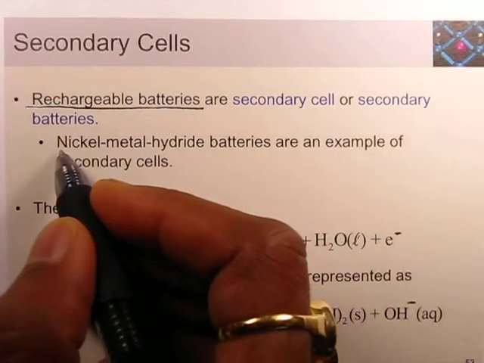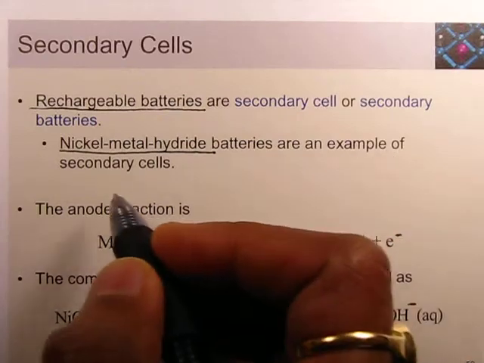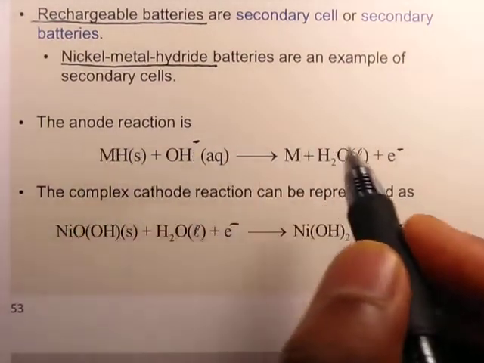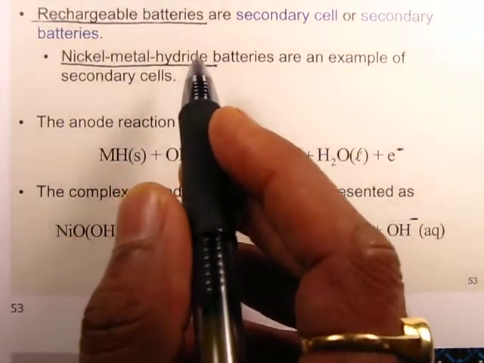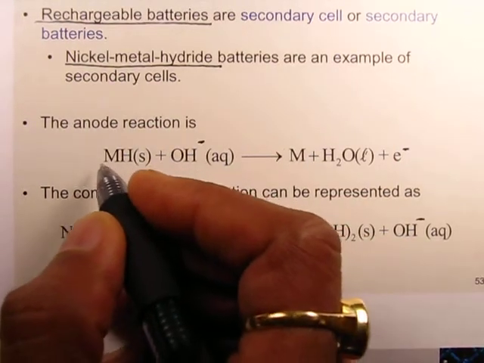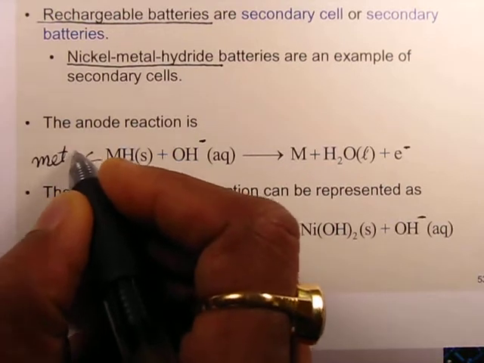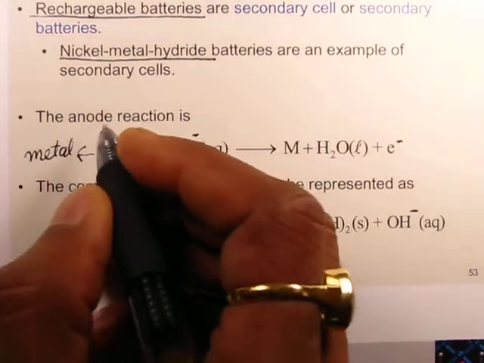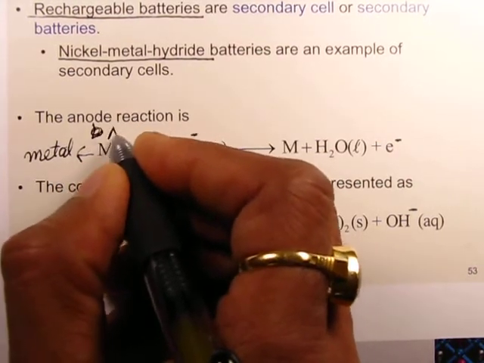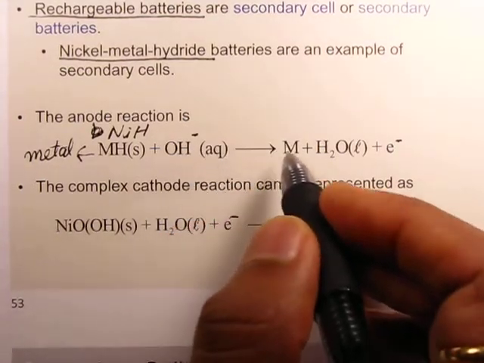One example is nickel metal hydride batteries, which are an example of a secondary cell, and here the reaction is shown for nickel metal hydride. The anode is nickel hydride, where M designates the metal.